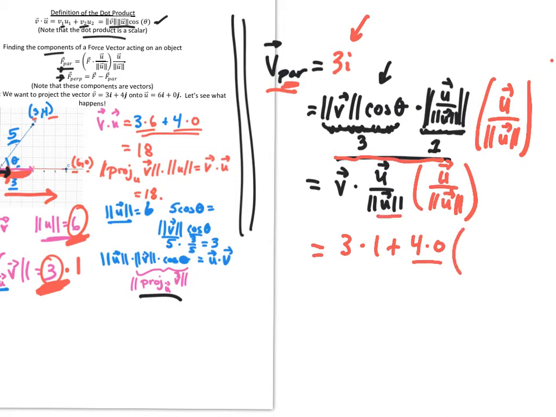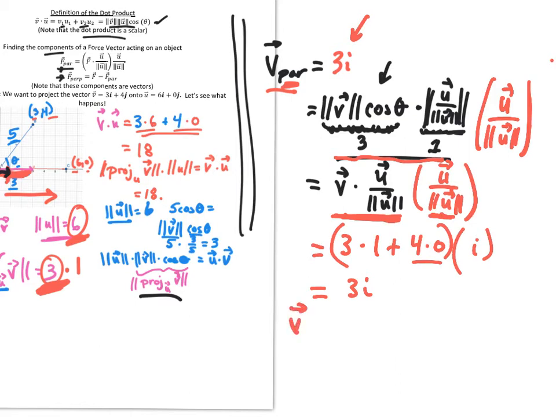And then if I multiply that by my unit vector, which is just i plus 0j, I'm going to end up with 3i. And so that's where all this stuff comes from, right? I don't know if I'm making sense. I hope I am putting this together, but this is where the formula comes from. So this is just a scalar, and then this would be the direction of it.